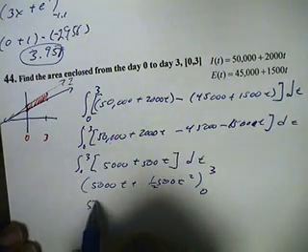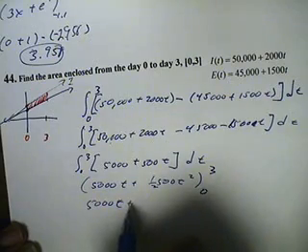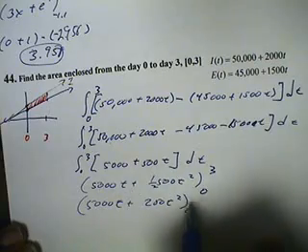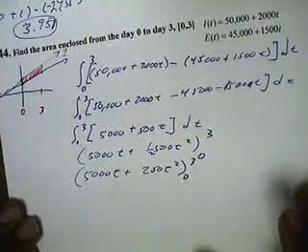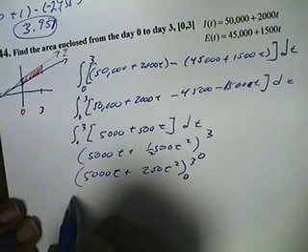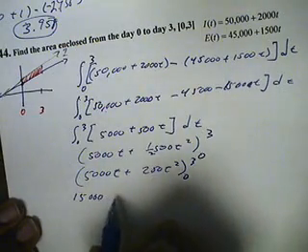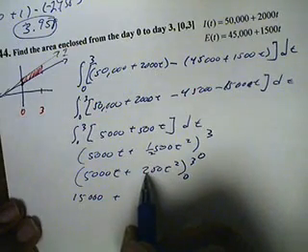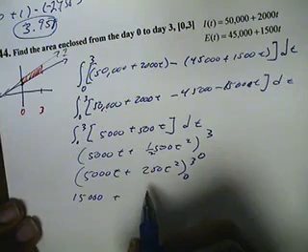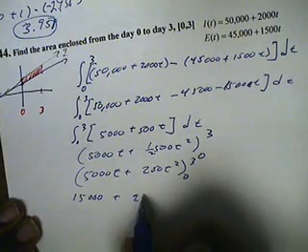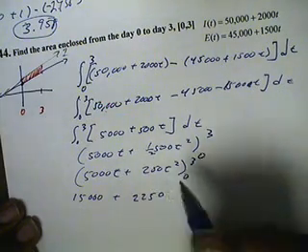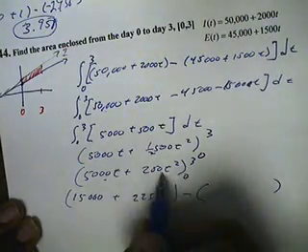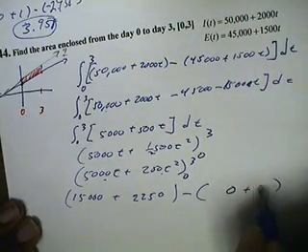Okay, this ends up being 5,000t. Half of 500 is 250t squared, and we'll put 0 and 3 in there. When I put 3 in here, this becomes 15,000. And if I put 3 here, I get 9 times 250, which is 2,250. That'll be that answer, minus the other answer. When I put 0 in both of these t's, all that becomes 0.